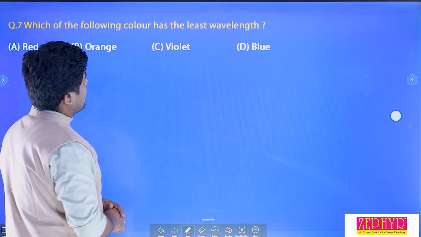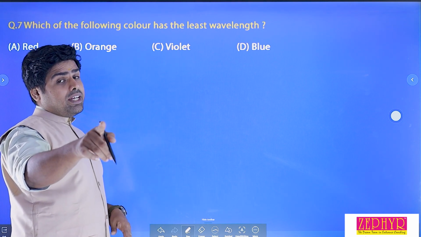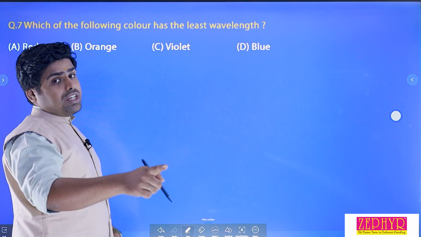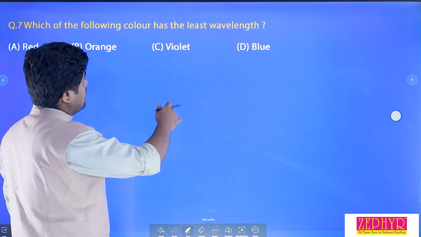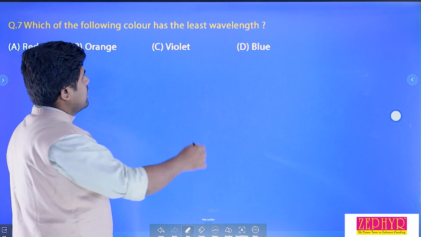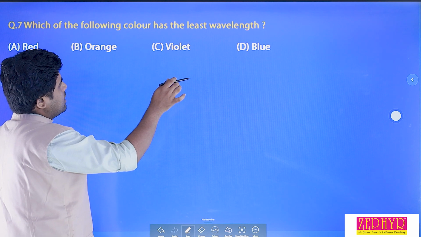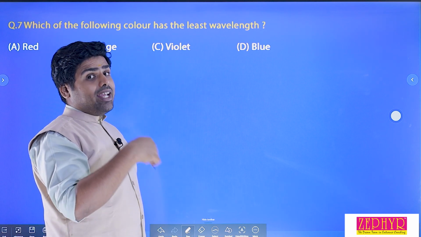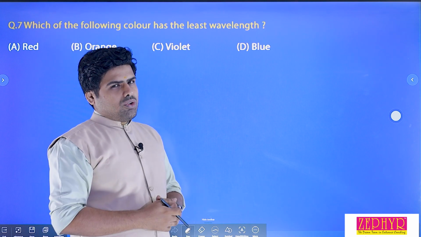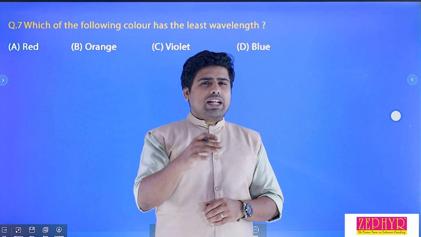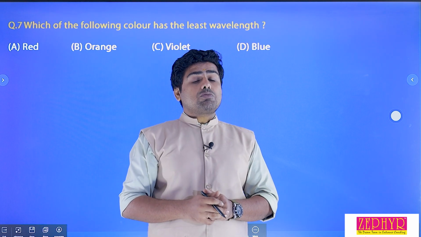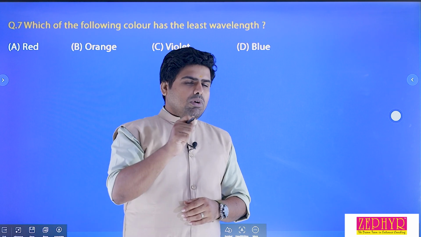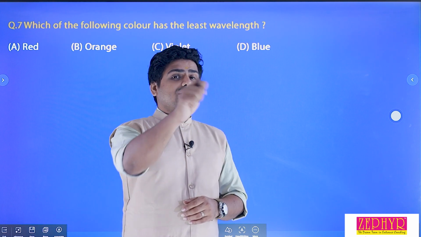Which of the following colors has the least wavelength? I already explained which color shows large deviation when passing through a prism. The red color shows least deviation, violet color shows large deviation. Red color has least deviation because its wavelength is high.